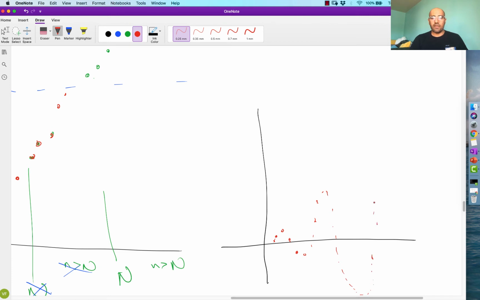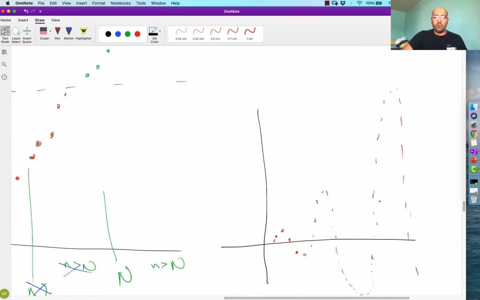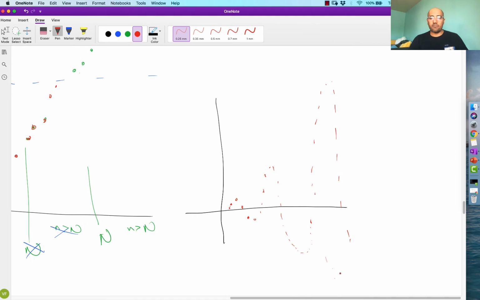So they could be kind of like doing this. And maybe these oscillations continue to grow out of control, so that no matter how far away you go, there will always be a place where this is growing out of control like this.